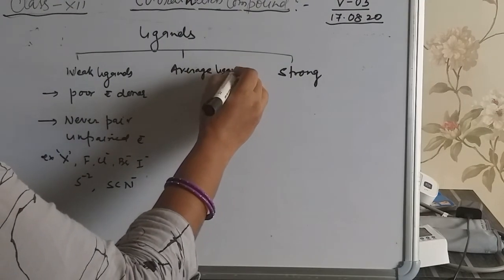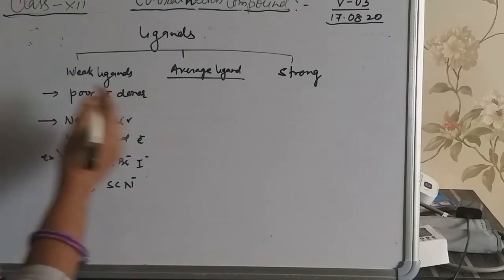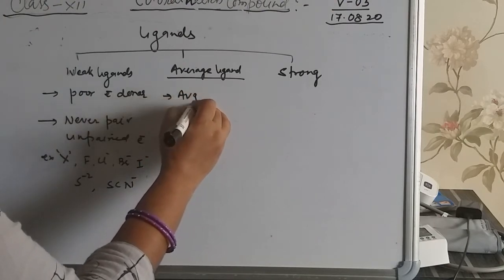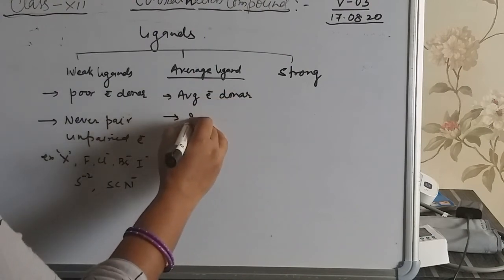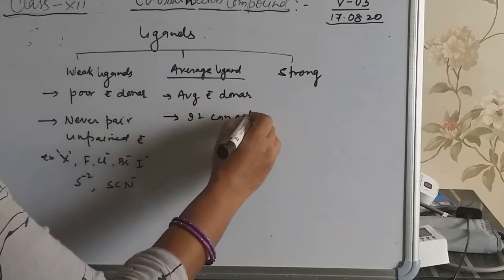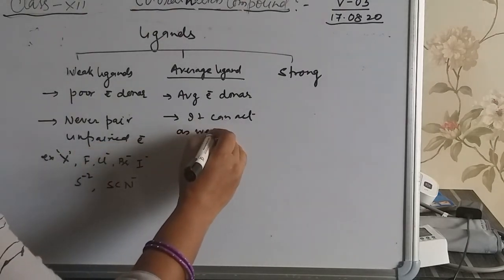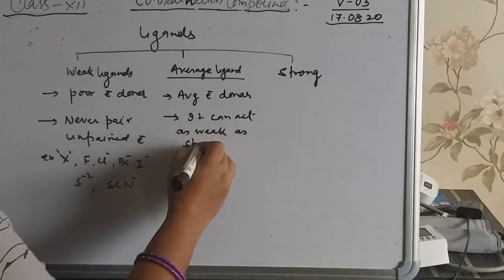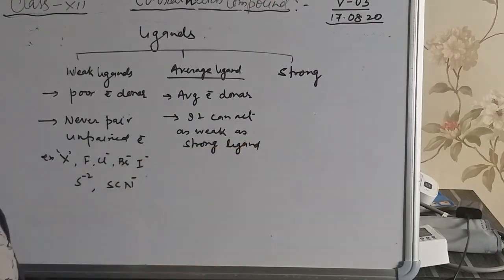Average ligand sometimes behaves as an average electron donor and it can act as a weak ligand as well as a strong ligand.